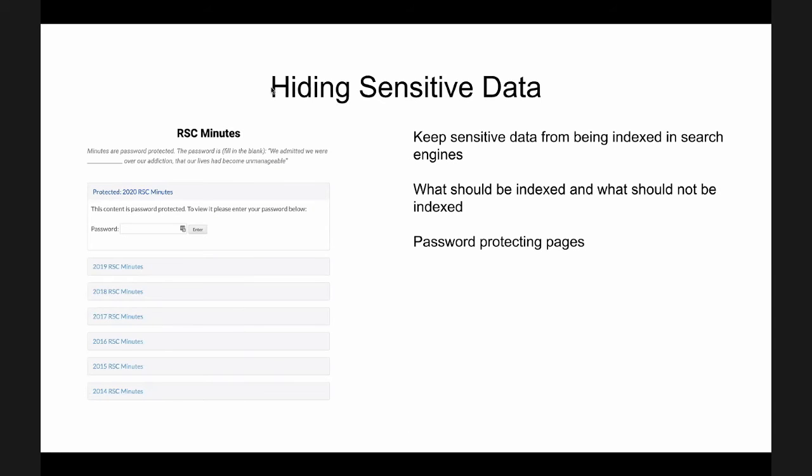And then the other thing that's come up a lot is a way to hide sensitive data. I've seen this come up a few times in different service discussions, and it recently came up in our region.